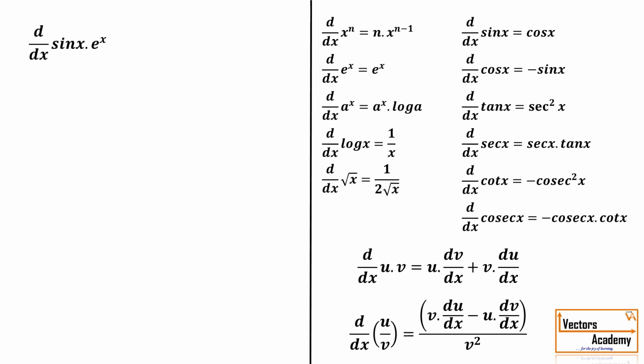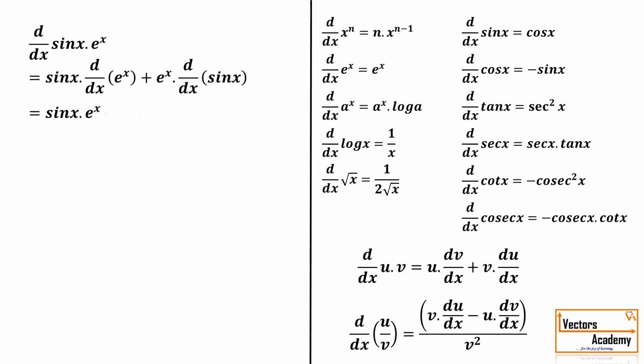Now, we have to find the derivative of sine x into e raised to x. The first term is taken as u and the second term is taken as v. In the UV rule, we write the first term and take the derivative of the second, plus we write the second term and the derivative of the first. So, it is sine x into derivative of e raised to x plus e raised to x into derivative of sine x.